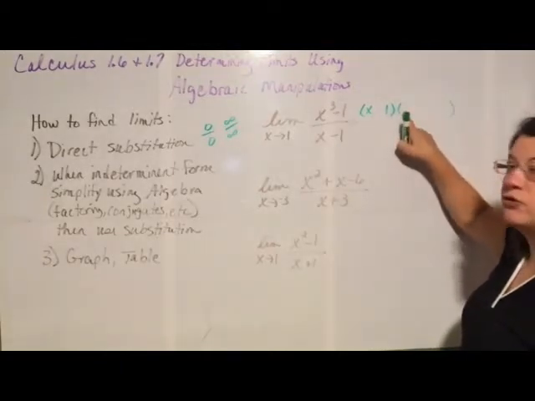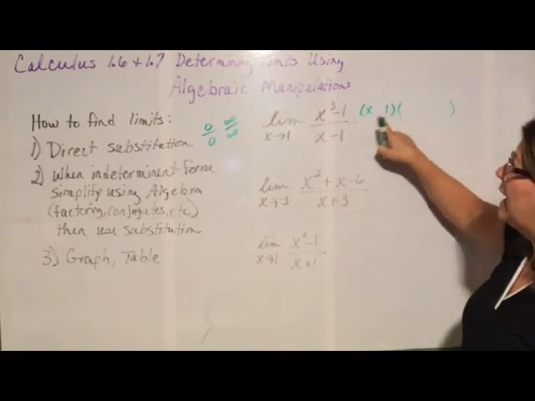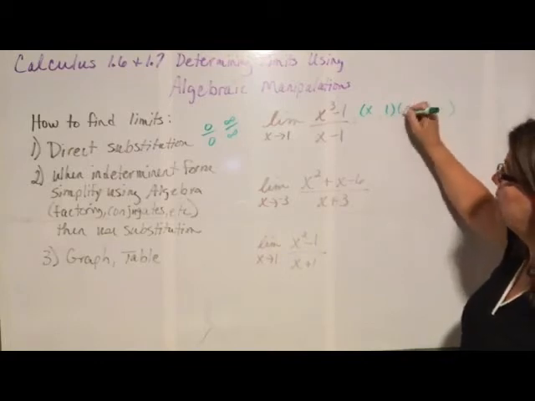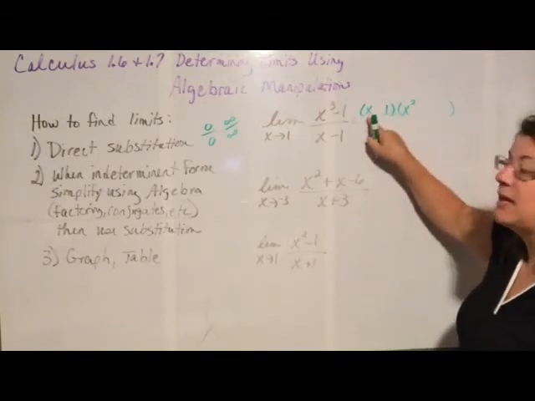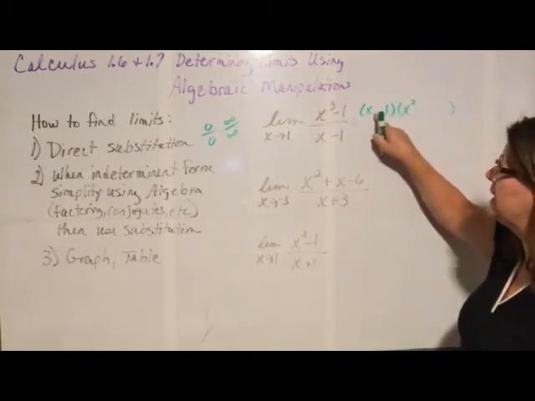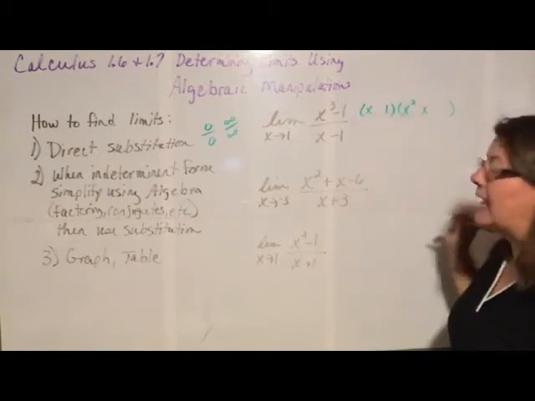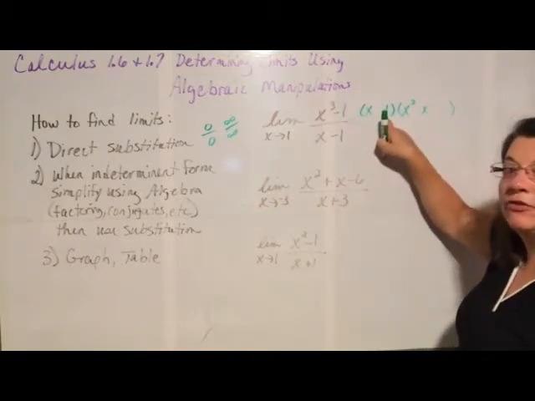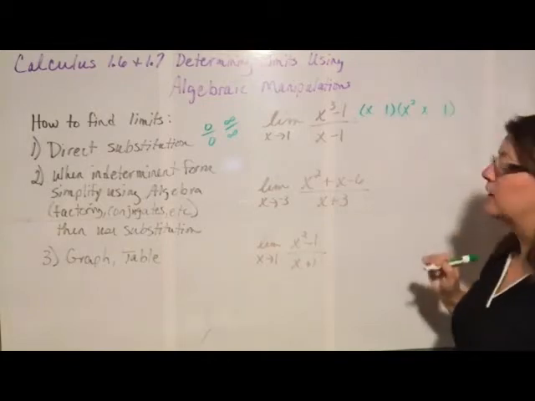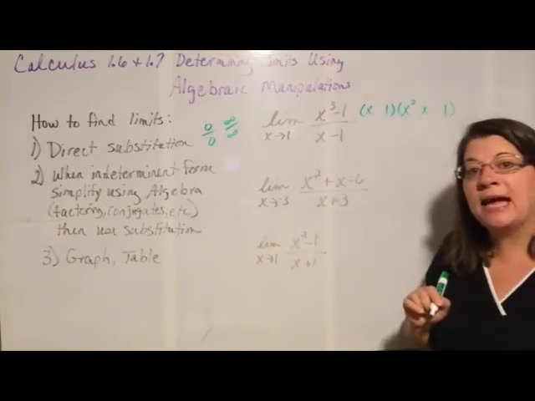To get the first term of my trinomial, I square this first term, so that will be x squared. To get the middle term, I multiply these two terms together. So 1 times x is just 1x. And then to get the last term, I square the last term here. So 1 squared is 1. Then I have to put my signs in.